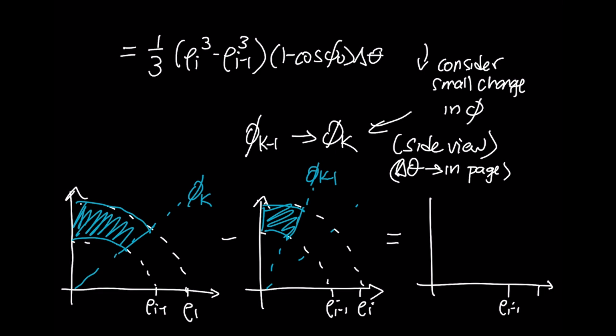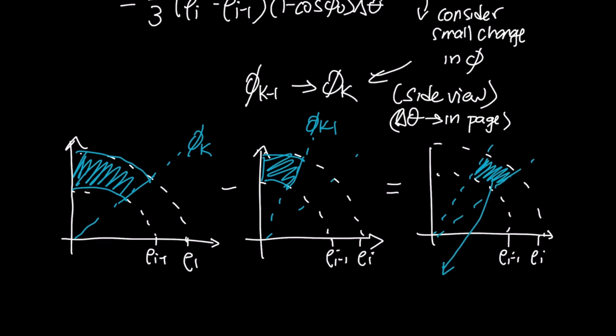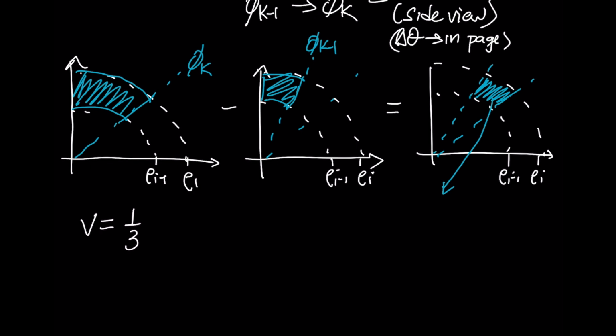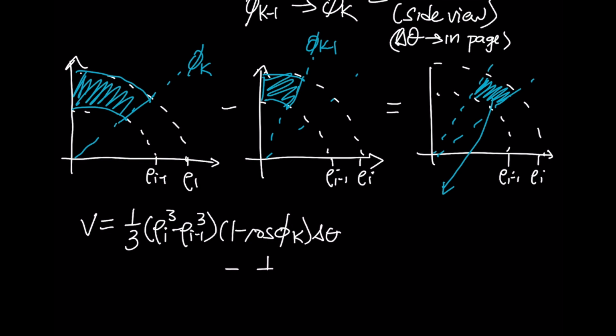And that small spherical wedge now considers changes in all three of our coordinate directions. The volume of this thing is a difference in the two expressions that we had from before. So what we have is 1/3 times rho i cubed minus rho i minus 1 cubed, times 1 minus cosine of phi k, delta theta, subtract 1/3 times rho i cubed minus rho i minus 1 cubed, times 1 minus cosine of phi k minus 1, delta theta.